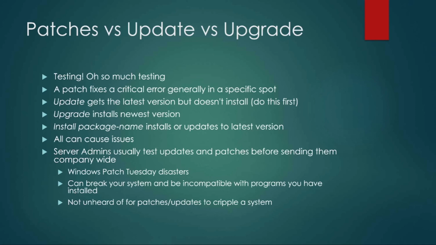So let's take a for instance. Let's say, for example, I have some accounting software, and this accounting software is a little bit older because some of the extras that we need for our company only work on, let's say, version 2, and they're on version 5. So as I'm doing my updates or patches for the system, I have to make sure that I'm checking on this version 2 of the accounting software.